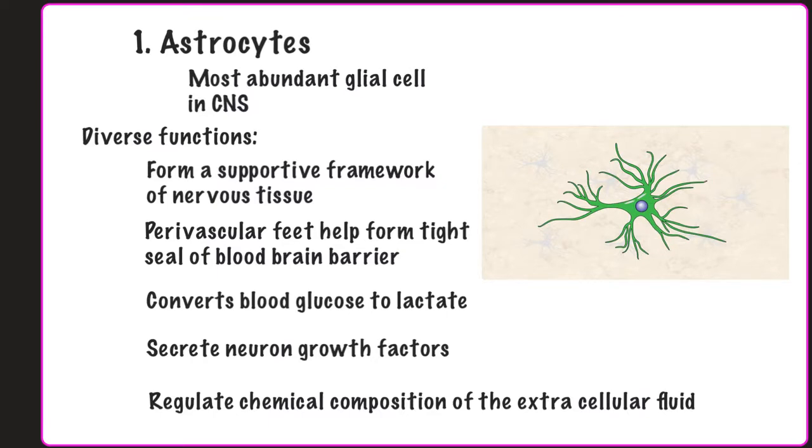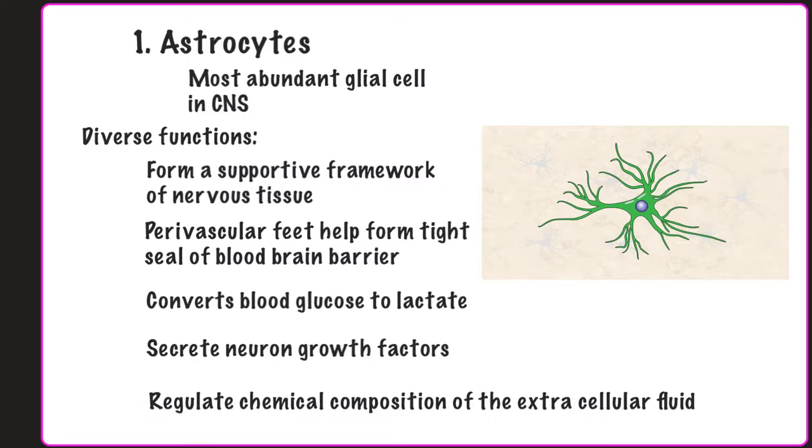So as you can see, astrocytes are not only the most abundant glial cell that we find in the central nervous system, but they have all these diverse functions that are really important for the action of the neurons. So those astrocytes are really acting like a great support cell, helping those neurons to work to the best of their capability, providing them with nourishment, making sure that extracellular fluid stays maintained.